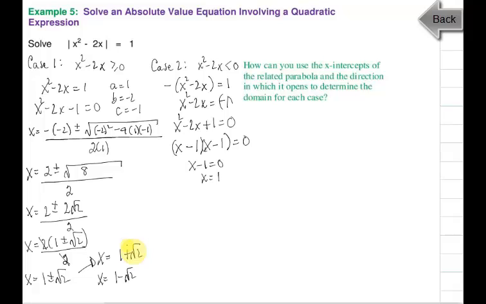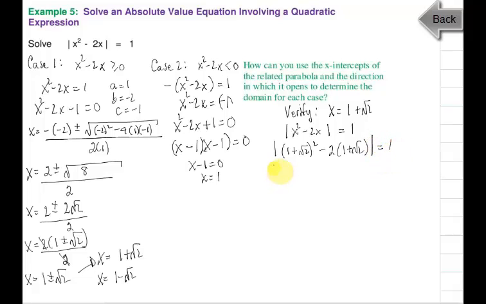Okay, so now we're going to verify. So we will do that over here. We will start by verifying where x is equal to 1 plus the square root of 2. Remember to plug it into the original equation. So we're going to have 1 plus the square root of 2 squared minus 2 times 1 plus the square root of 2, and that's equal to 1.